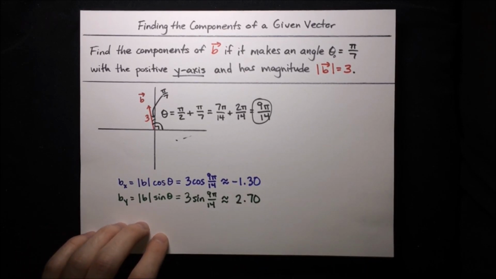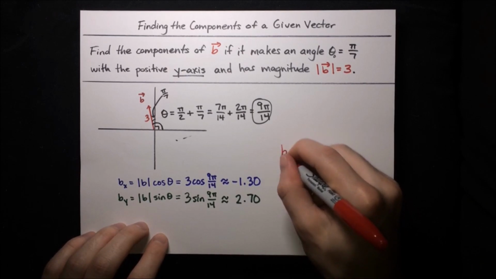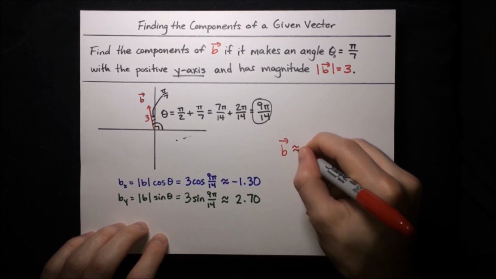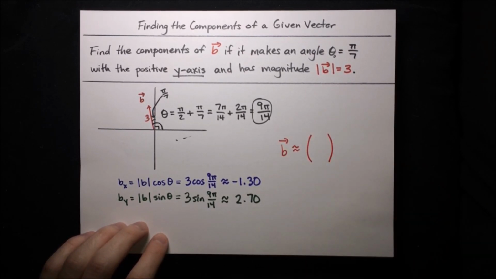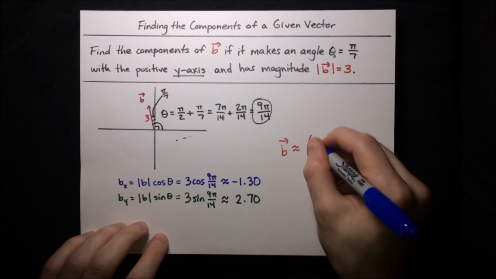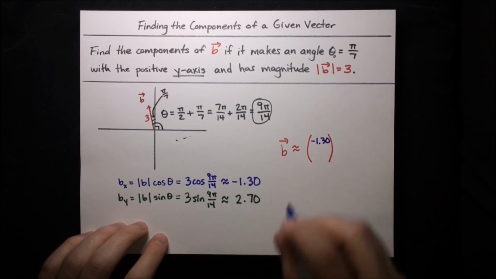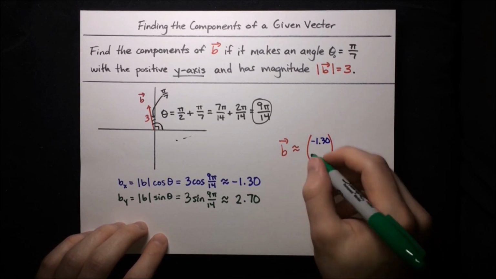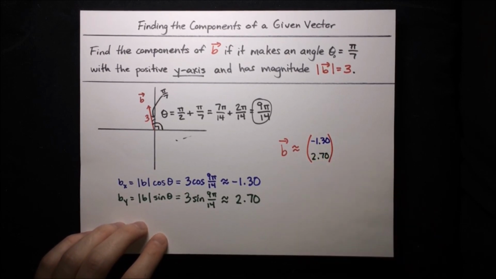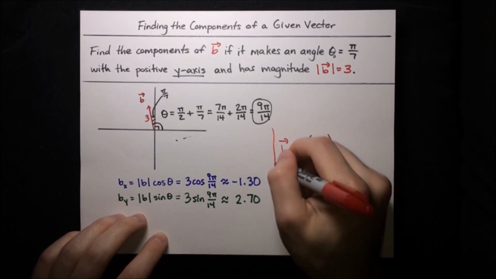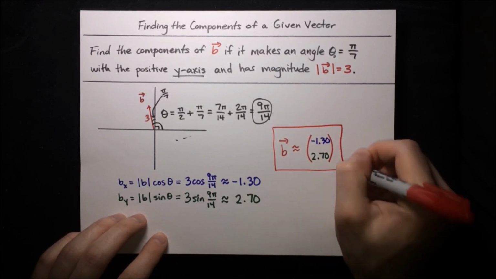Okay, so now we can write b in component form. So b is approximately equal to the x component of negative 1.30 and the y component of 2.70. And there we go. There is our final answer.